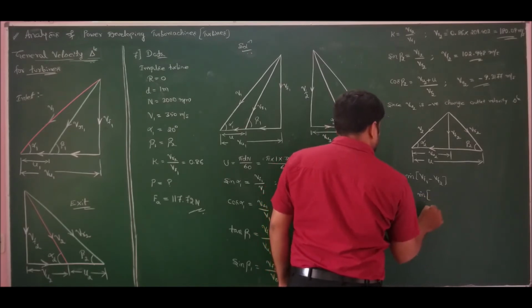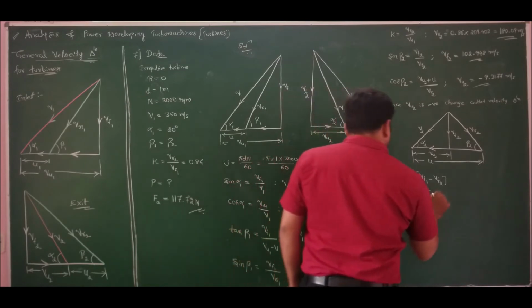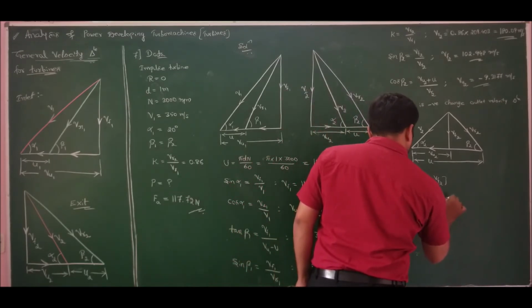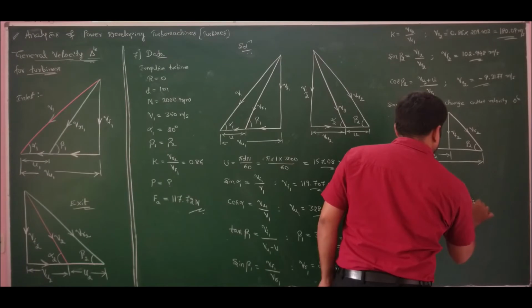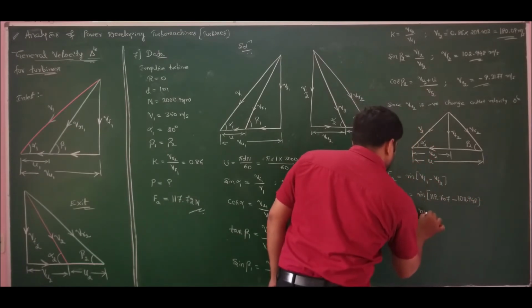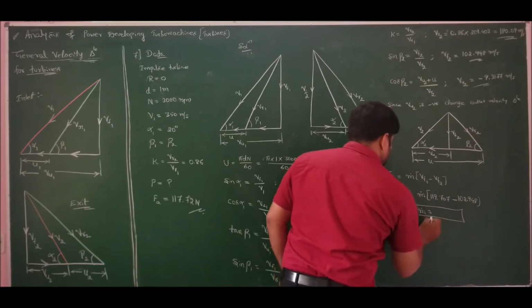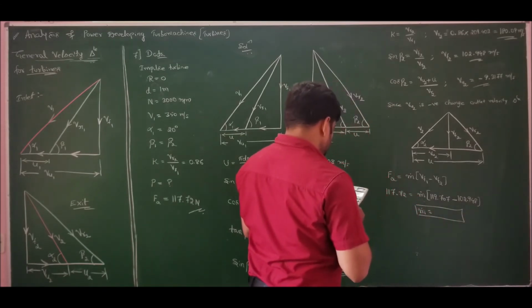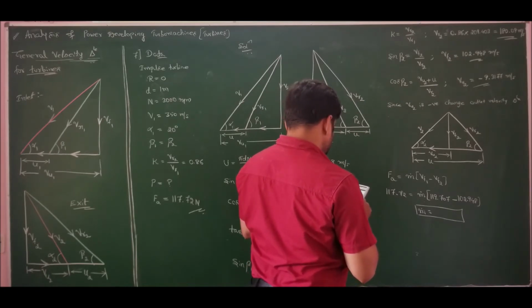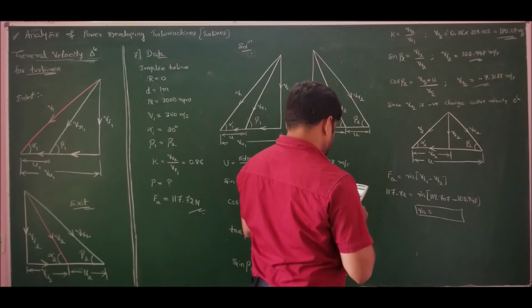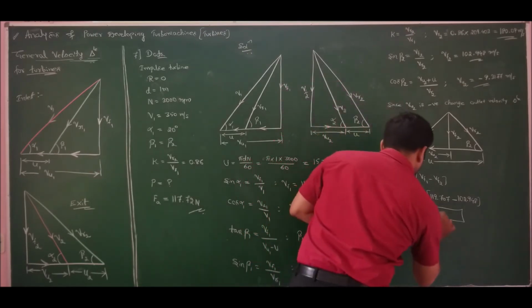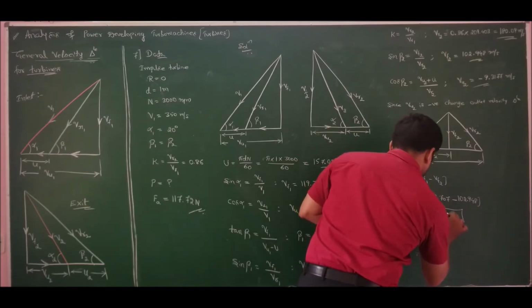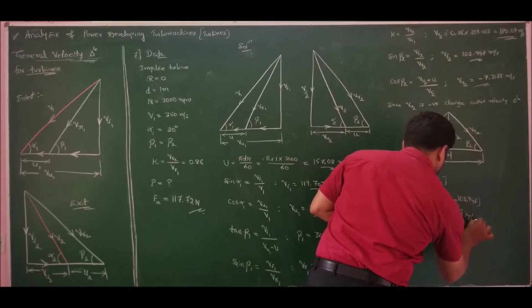So mass flow rate will be 117.72 divided by 119.707 minus 102.948. Mass flow rate is 7.024 kg per second.